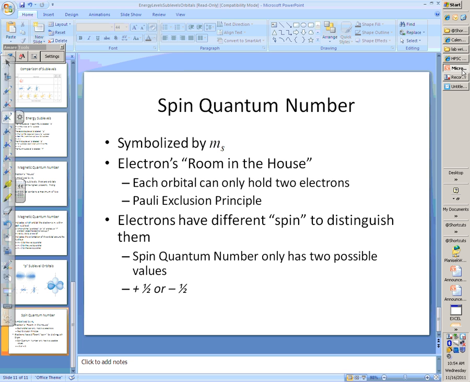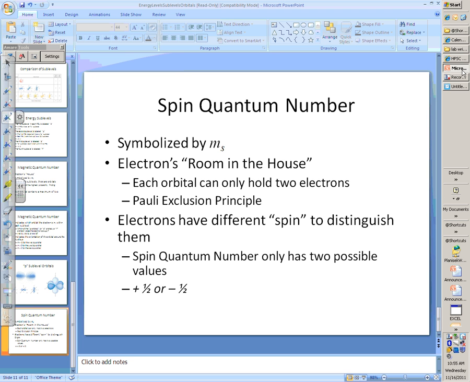Each orbital can only hold 2 electrons. We refer to that idea as the Pauli exclusion principle, and we'll introduce it tomorrow because we're not going to have time today. But electrons have different, quote-unquote, spin to distinguish them. Does that really mean they're spinning in opposite directions? Not exactly, but it's the way that we distinguish this electron from that electron.